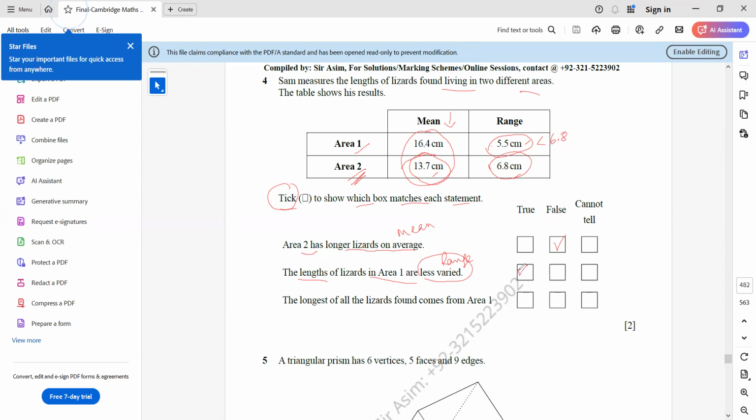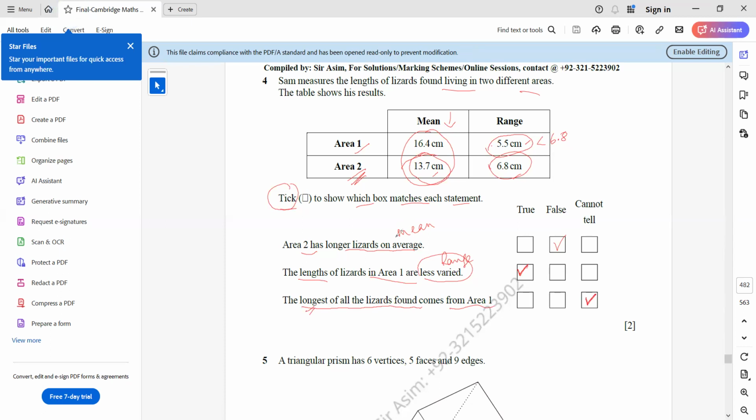So, yes, that is true. The longest of all the lizards found comes from area 1. How can we tell this? We only have the mean and the range. So we do not have any information about the longest or the shortest of the lizards. So we cannot tell this, so this comes over here.